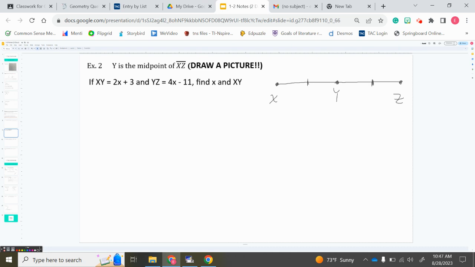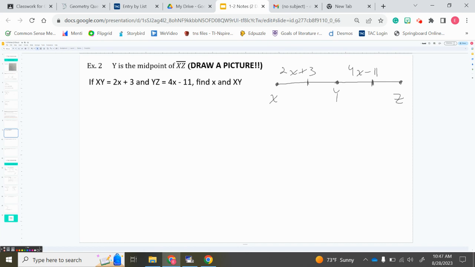And then they're also telling me that XY is 2x plus 3, and then YZ is equal to 4x minus 11. Everybody with me so far?